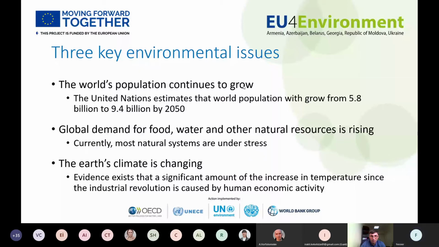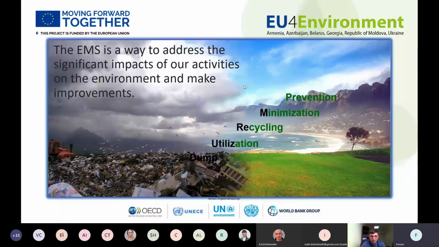And to focus now on our topic of today, an environmental management system is now for industries, for other organizations, a way to firstly understand what are significant impacts of our activities, and secondly, how to address them effectively and efficiently.